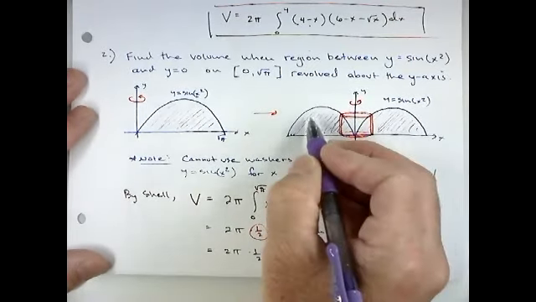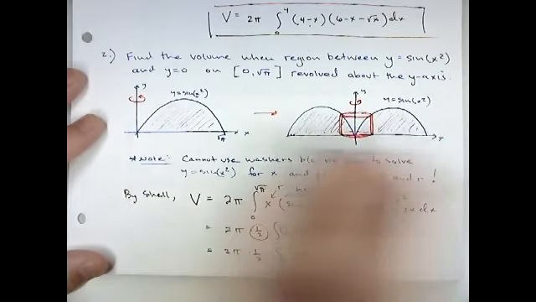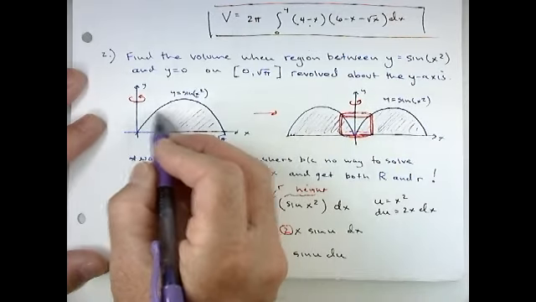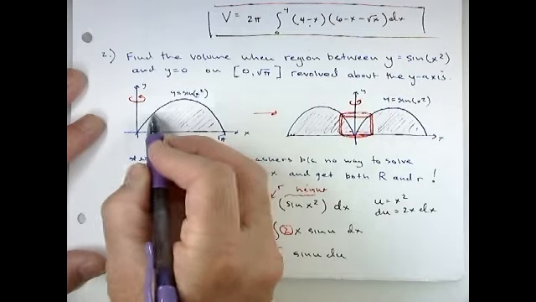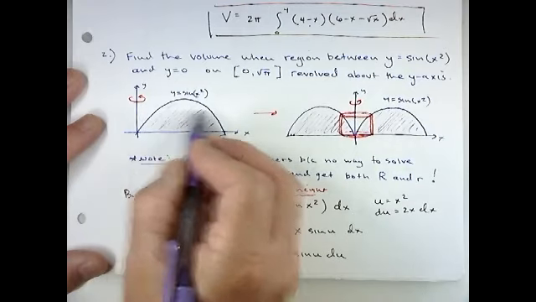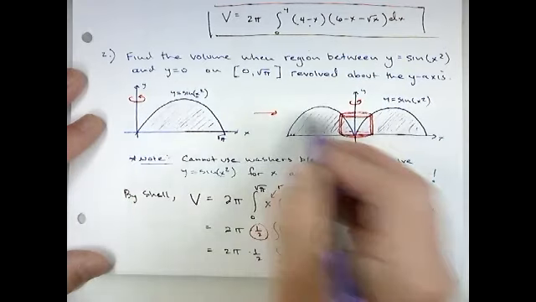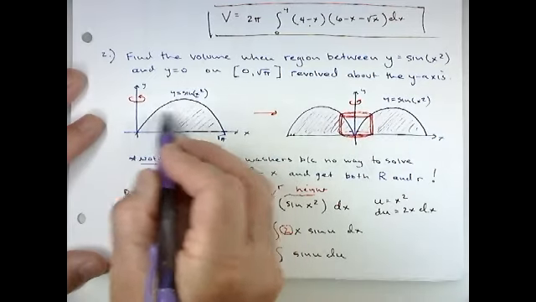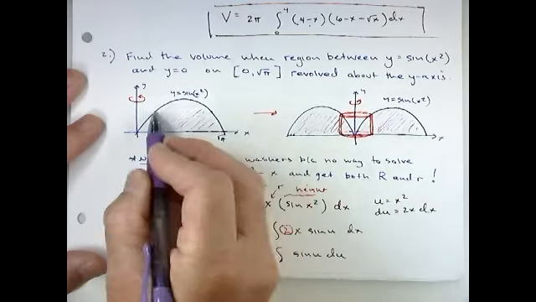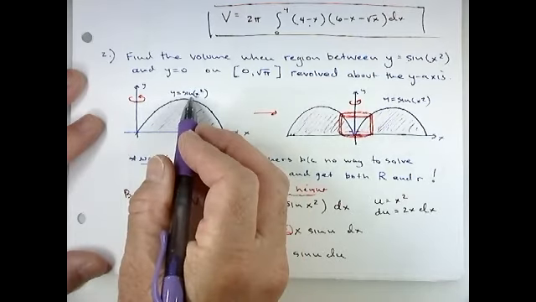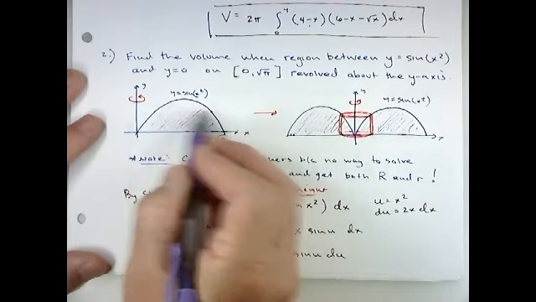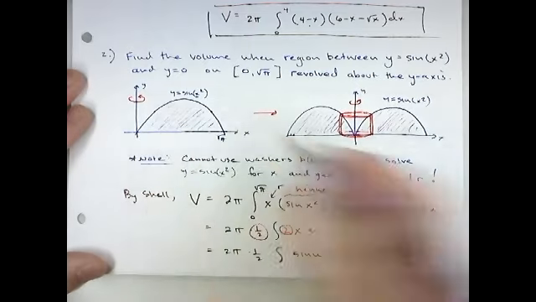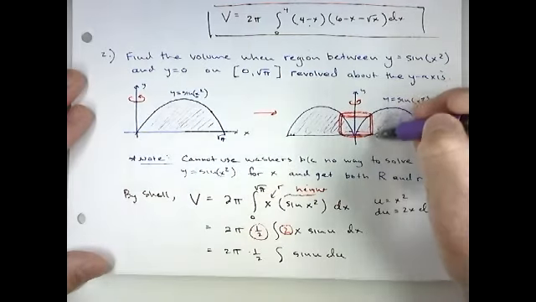Well, you would have a problem here, because if you were going to do the washer method, you would want to use horizontal cross sections, right? You would slice it this way, and you would have a problem because this and this are the same function, right? So you'd have a problem describing it that way. So here you pretty much have to use the shell method.